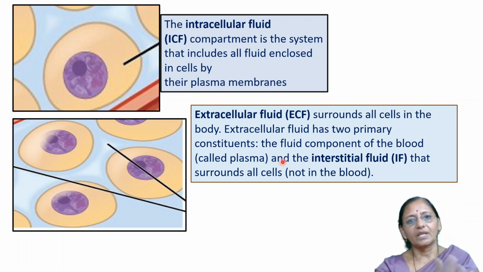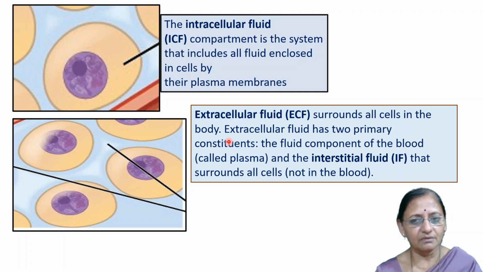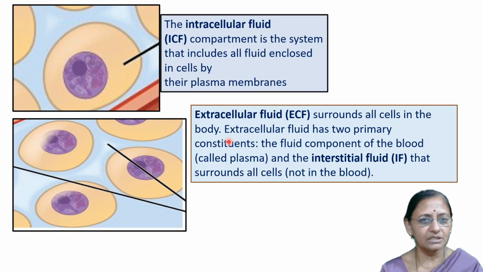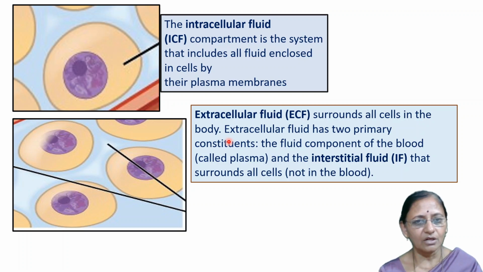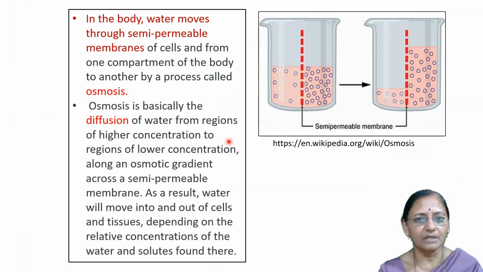In this way, the intracellular fluid and extracellular fluid are in contact with each other, but there is a barrier, and they exchange their material with each other according to the pressure difference or osmotic pressure. They exchange these substances from one compartment to another compartment.